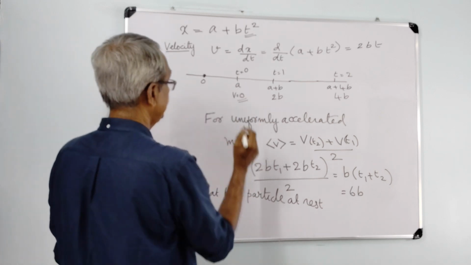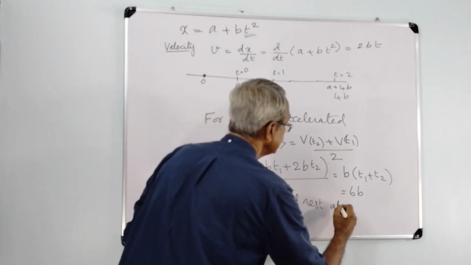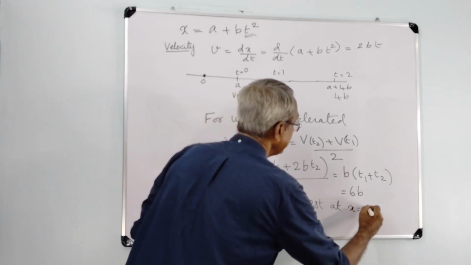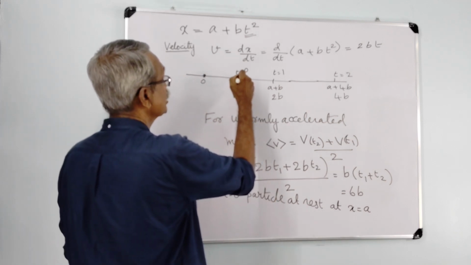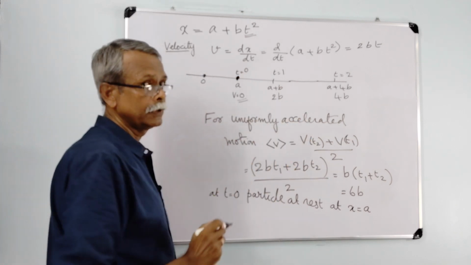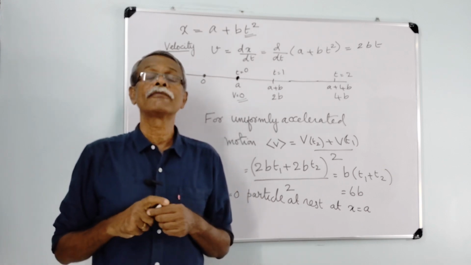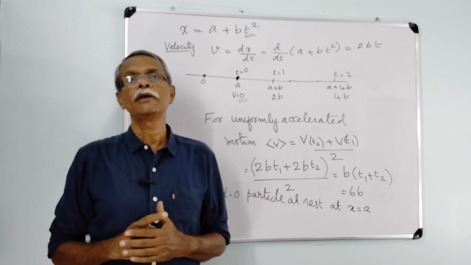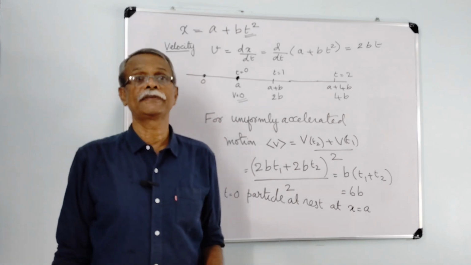And the position at which the particle is at rest is x is equal to a. Therefore, the particle starts from rest and it starts from the point a. So, a lot of information can be extracted from a single function if you apply the methods of differential calculus.